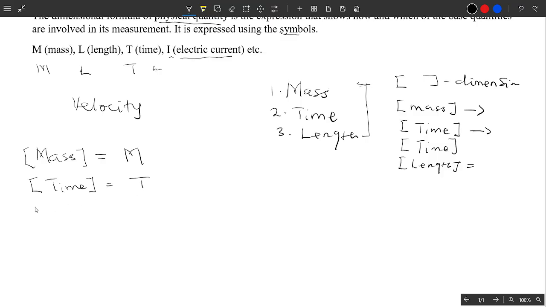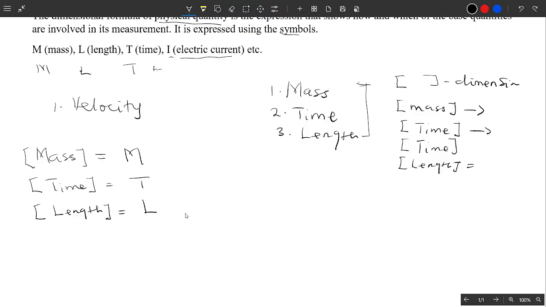Capital T. And I have the dimension of length given as what? Capital L. Now, in this case, as I said earlier, we use these three to find the dimensions of these quantities. Let's say we want to find the dimension of velocity.